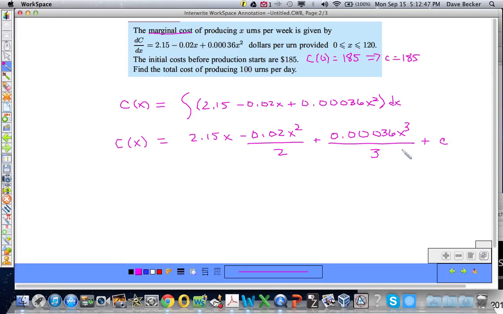Instead of rewriting this, I'm going to erase C and replace it with 185. Now I just have to replace x with 100 to find the cost of producing 100 urns per day. Doing all this arithmetic, that gives me a total of $420. So to produce 100 urns a day, it would cost $420.